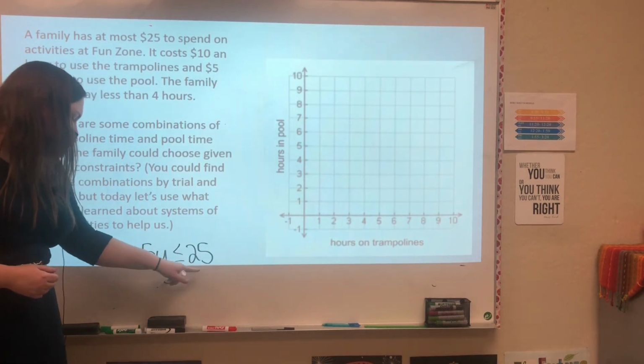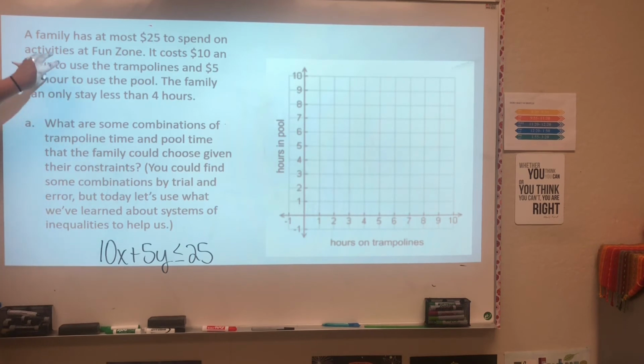What does this inequality say right here? How does this relate to the problem, I should say? Well, x would be hours at the trampoline. And then y would be hours at the pool. Okay.